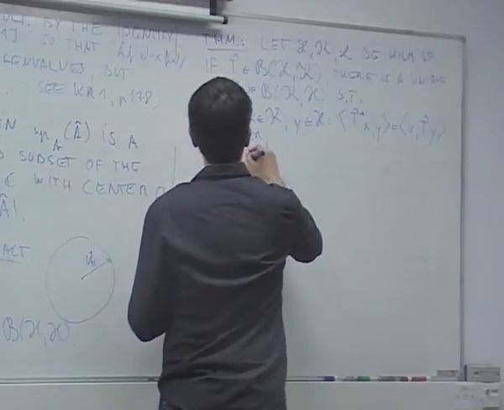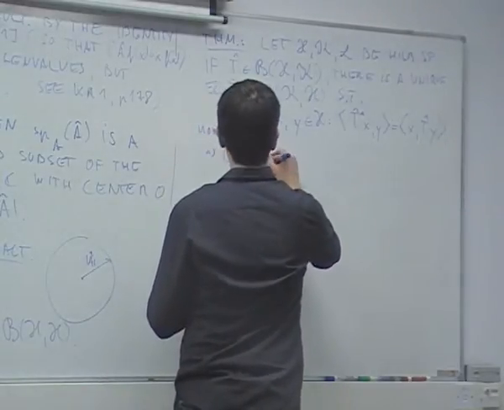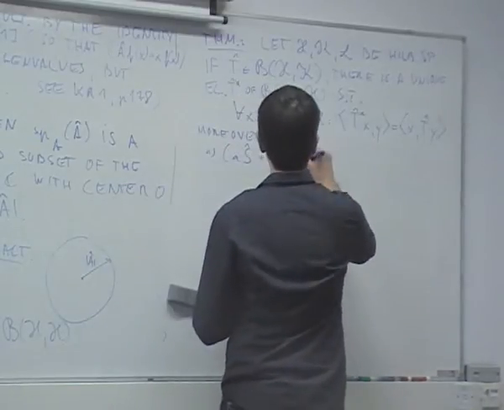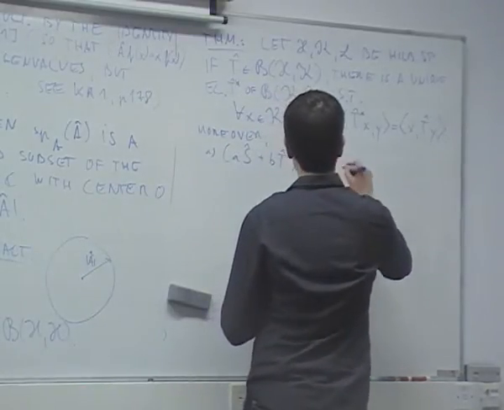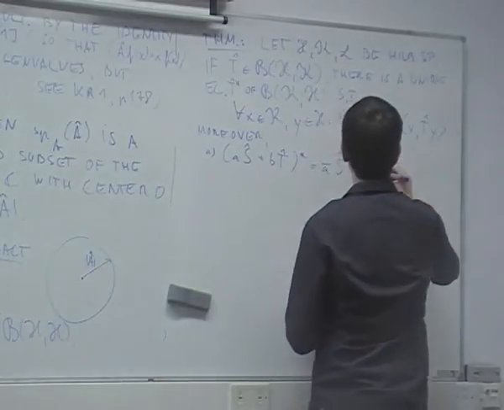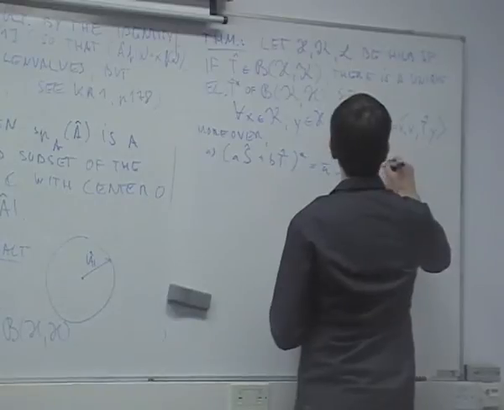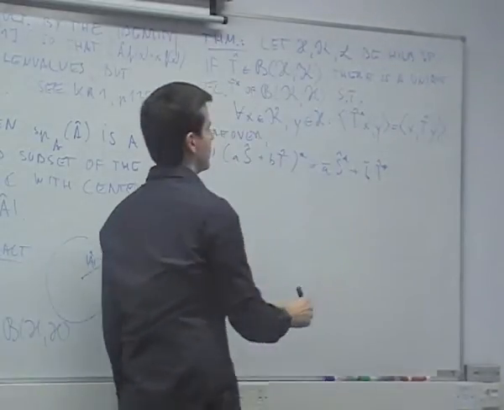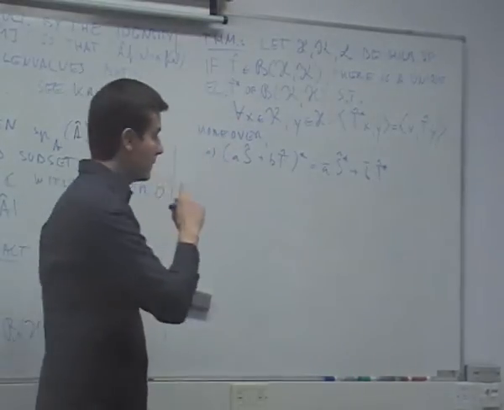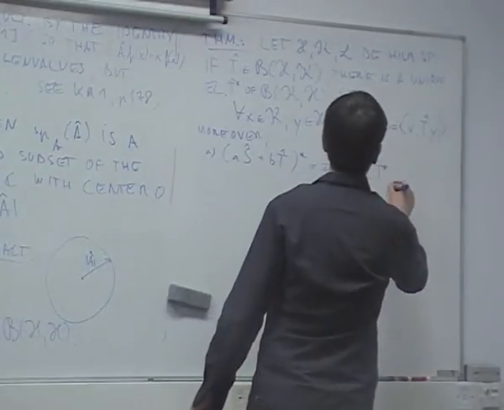So, (AS + BT)* = Ā S* + B̄ T*. I'll say what S, T and all the other things are in a second. The bar over, these are complex numbers, the bar means a complex conjugate. So this is the first property.